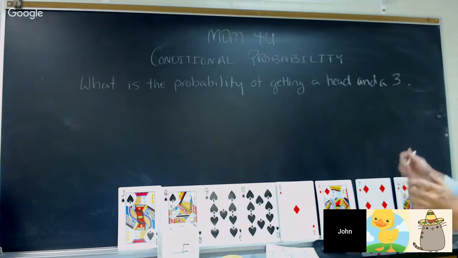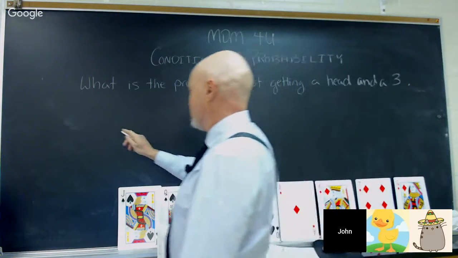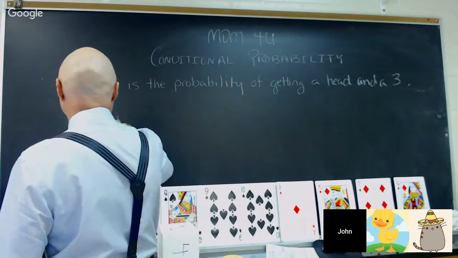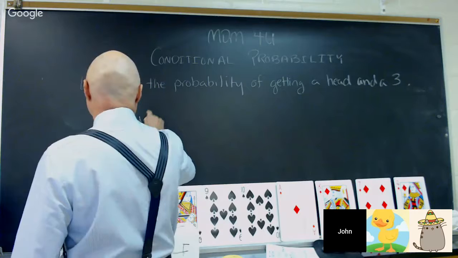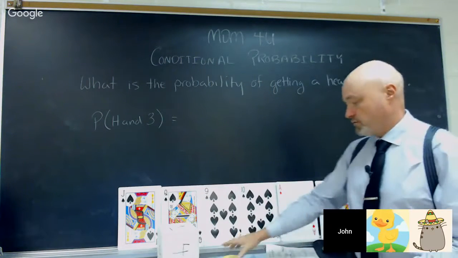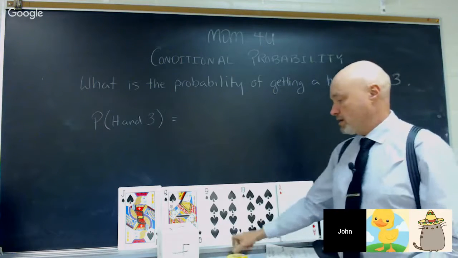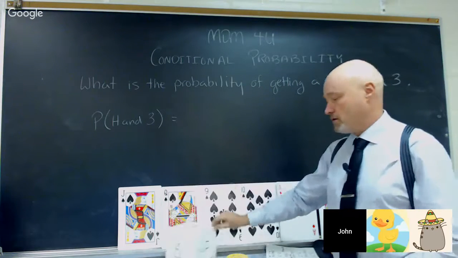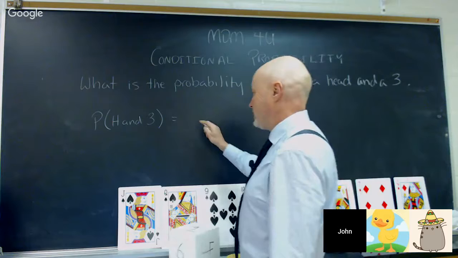What's the probability of getting a head and a 3? And so we would symbolize this as the probability of getting a head. So if I'm tossing a fair coin and throwing a dice in that order, what's the probability of getting a head and a 3?